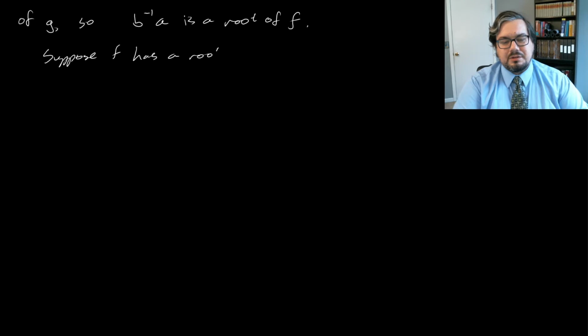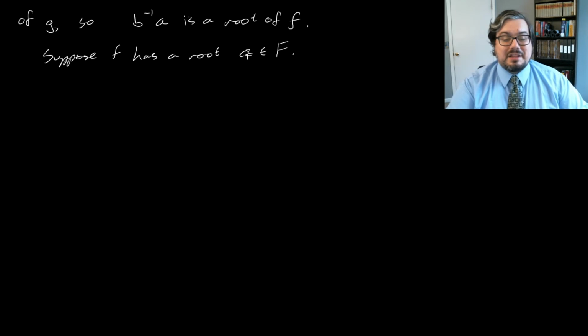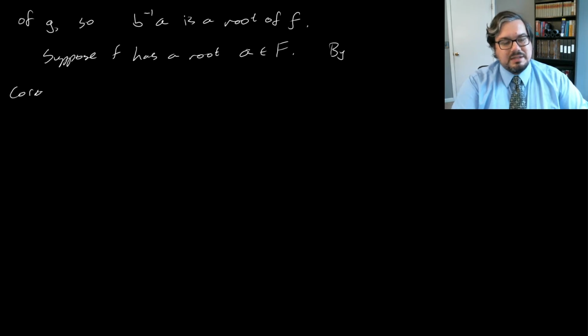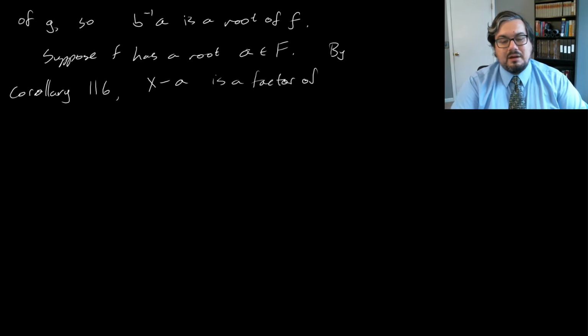So now let's suppose that f has a root a in F. We've already shown that in general, if you have a polynomial over a field and it has a root which is an element of that field, then by corollary 116, x minus a is a factor of f. So f has a factor, so that means that f is equal to x minus a times some g.